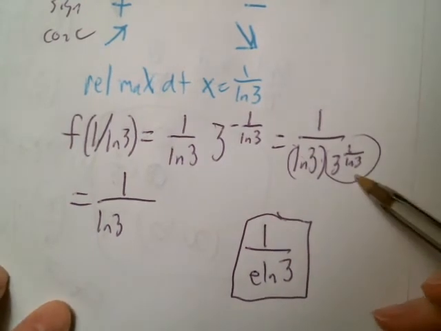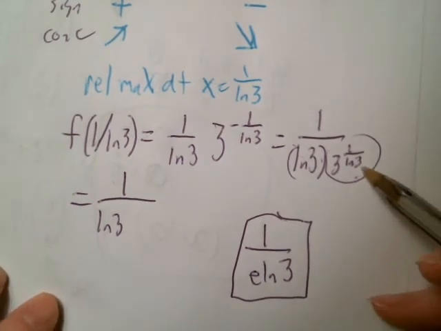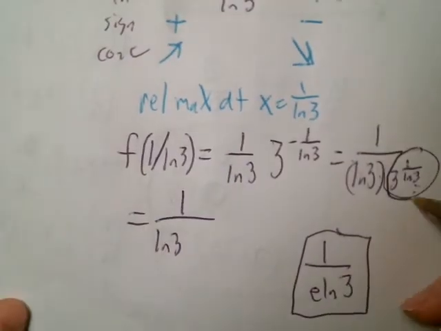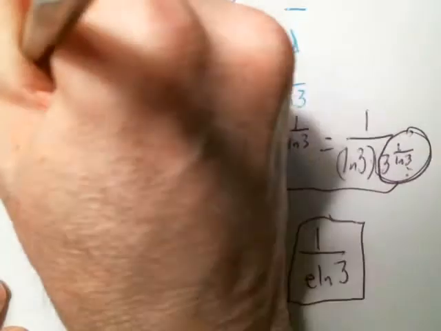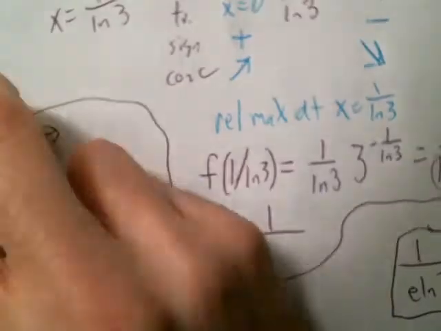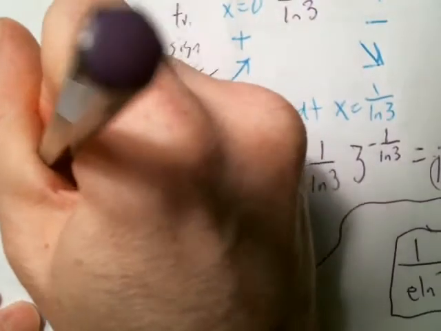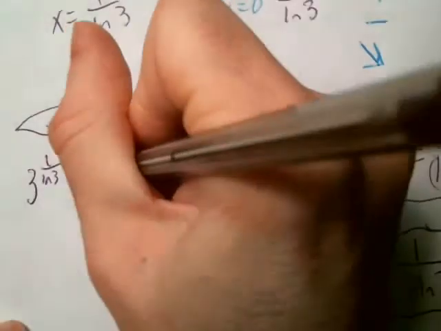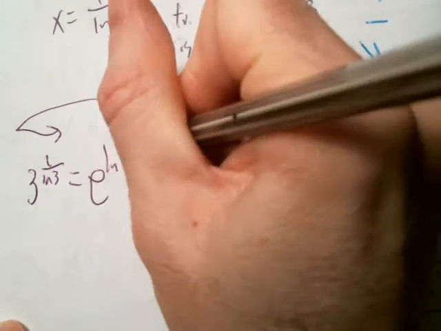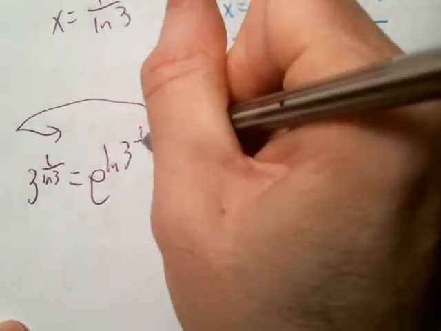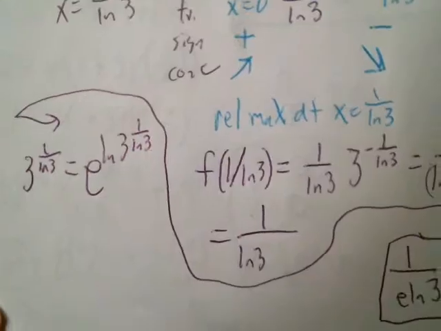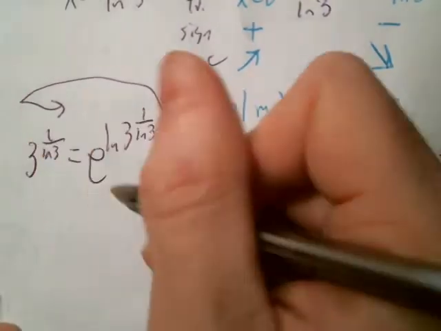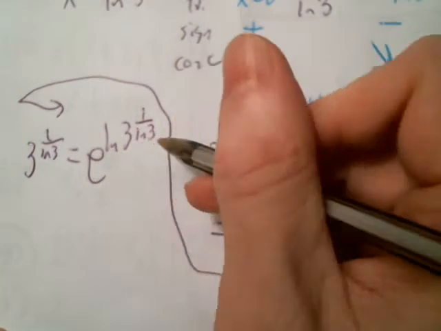So it probably has something to do with rewriting this in terms of base e. So if right here, this thing I have circled, let's extract it and kind of zoom in on it, right? So I'll have 3 to the 1 all over ln 3. You could rewrite it base e as e to the ln of 3 to the 1 all over ln 3. So what is this thing then?